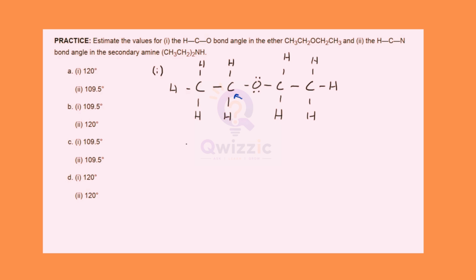Recall that hybridization is determined by the number of quote-unquote groups that surround a given target atom. And groups fall into 2 distinct categories for our purposes here. We have electron pairs and other atoms connecting to the atom of interest.